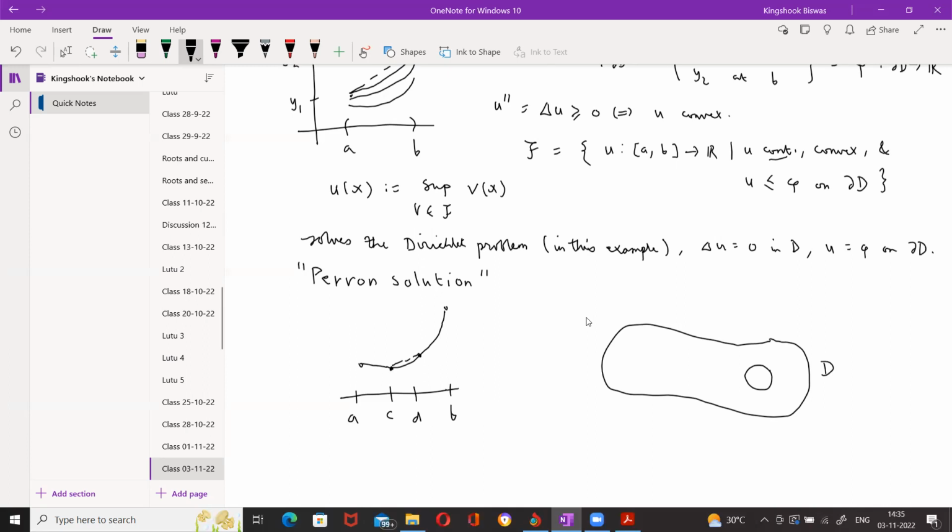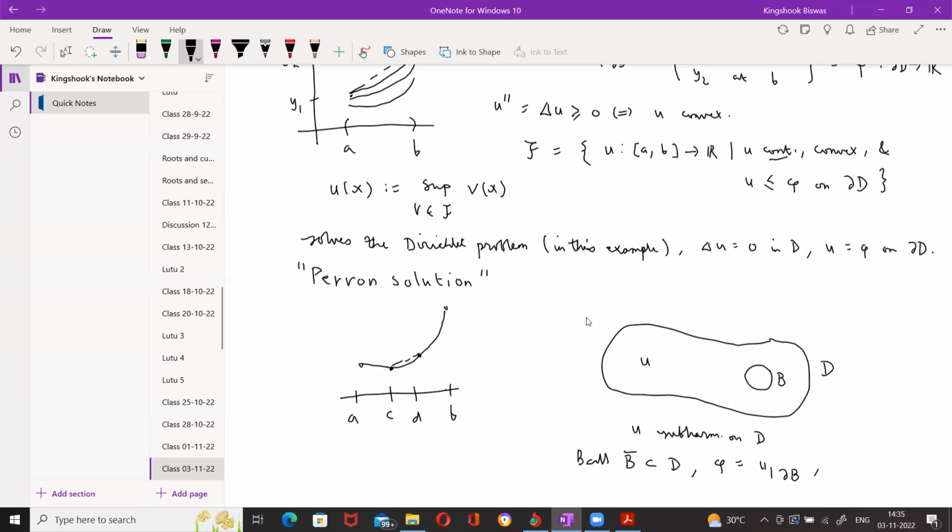But what we're going to do is, suppose you have U, which is subharmonic on D. And then we take a ball B in D, a closed ball, so B closure is in D. So this is my ball B. And then I let phi be equal to U restricted to the boundary of this ball.